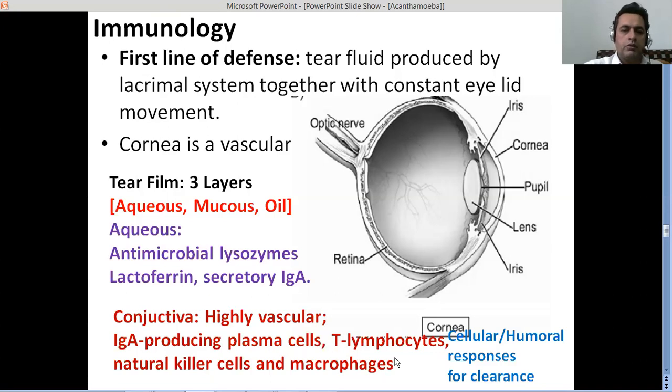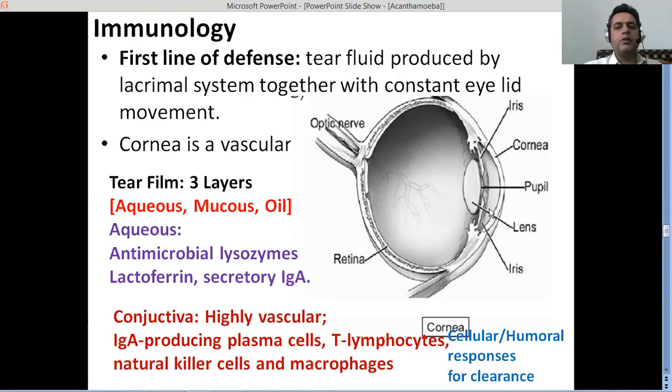So when it is vascular, you can imagine there would be T lymphocytes and natural killer cells and macrophages and all these things in the conjunctiva, which in turn means that cellular and humoral responses, cell-mediated immunity and humoral or antibody-mediated immunity, for the clearance of the pathogen would be initiated in the conjunctiva.